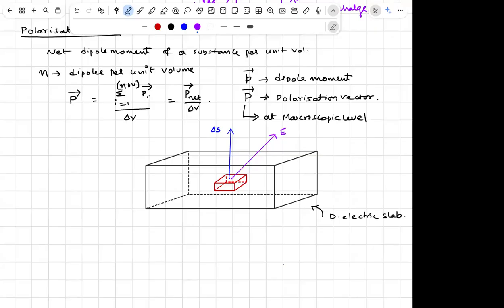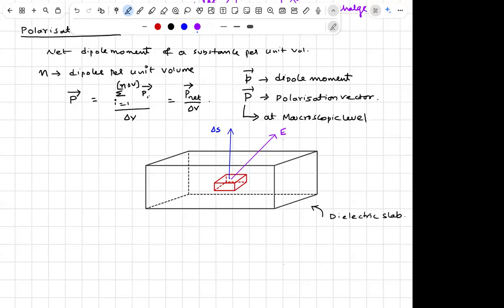Now you are considering this small patch delta x.